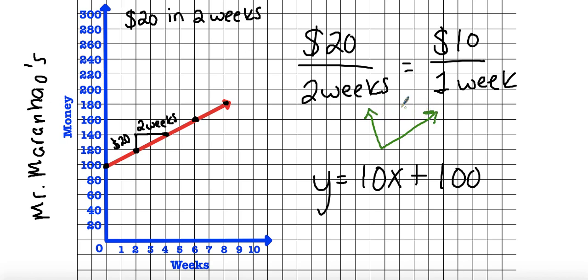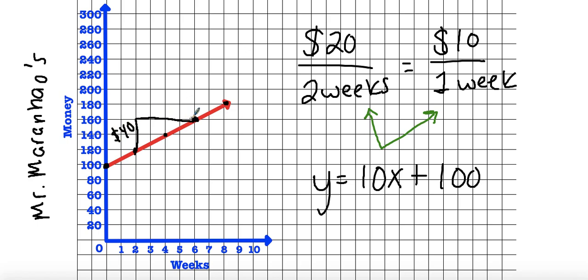So our slope could be found by using any rate on our graph. So I'll show you guys another example. If I didn't want to use these two coordinates, I could use any two coordinates to find my slope, which is my rate of change. And in this case, here we went up 2 units, which from 120 to 160, that's $40.